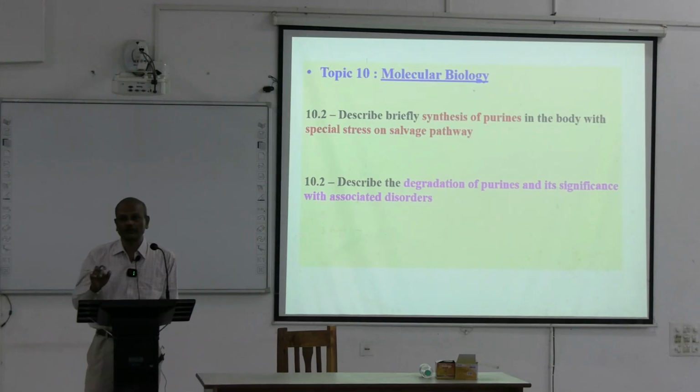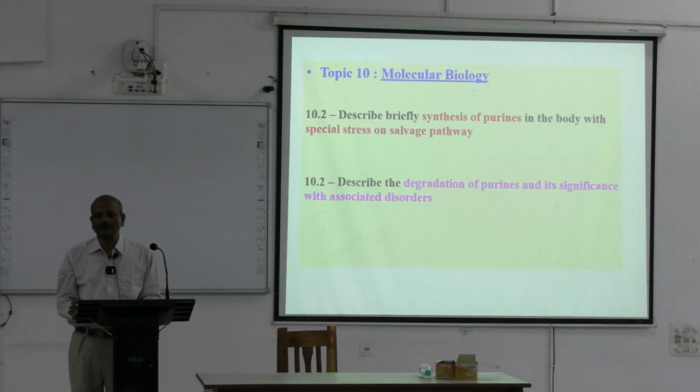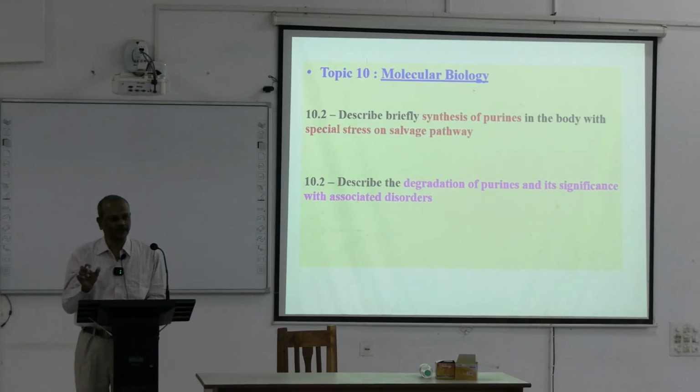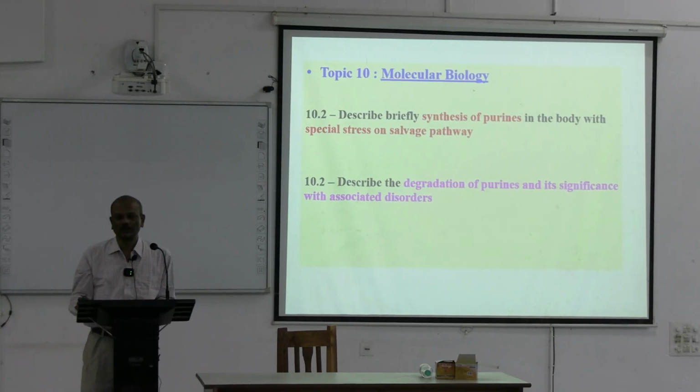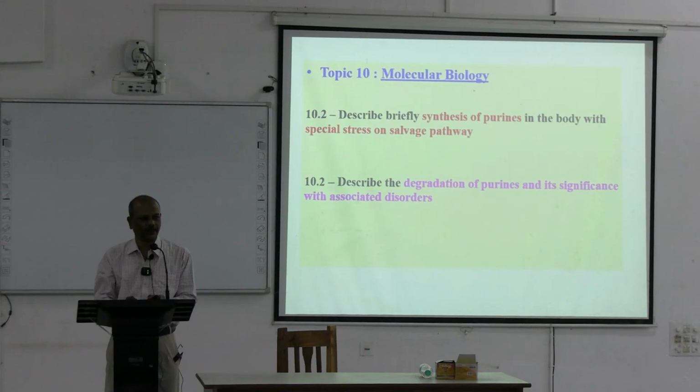So ribose 5-phosphate is readily available in the cytosol. If we add ribose 5-phosphate to one adenine or one guanine, then basically one nucleotide will be formed directly.